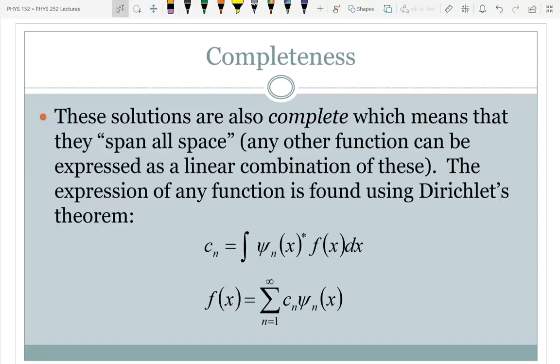Okay, so what is completeness? Completeness means that you have all of the different unit vectors required to describe any location in space. So we live in how many dimensions of space? 3. So I need 3 mutually perpendicular variables or directions to describe my 3-dimensional space. We call them x, y, and z.